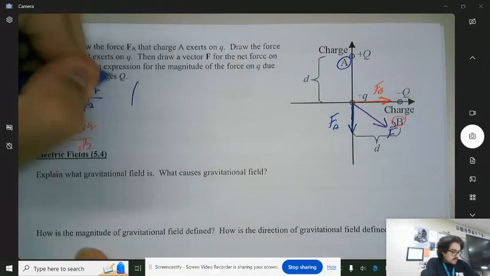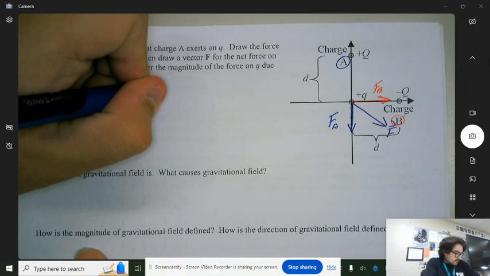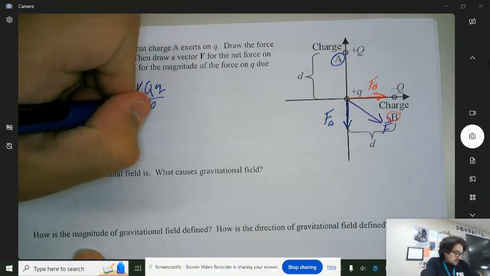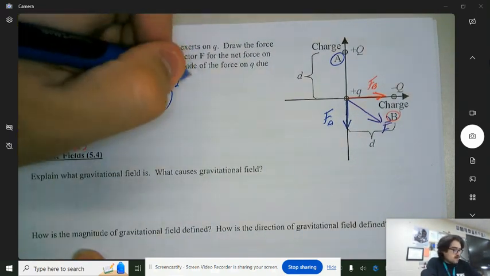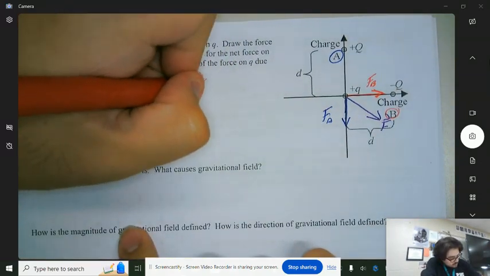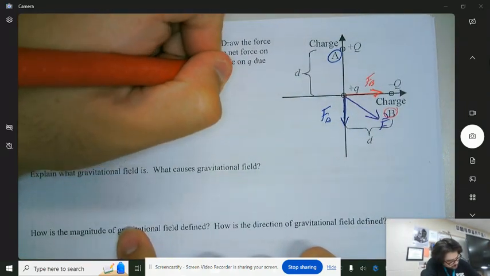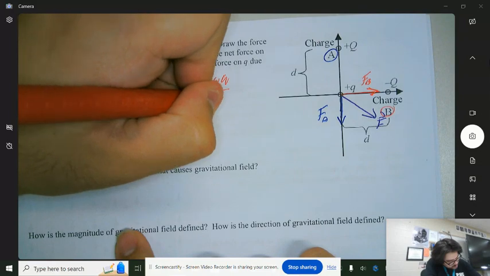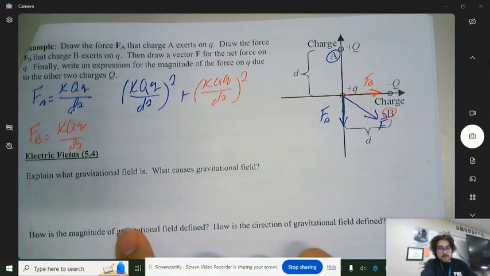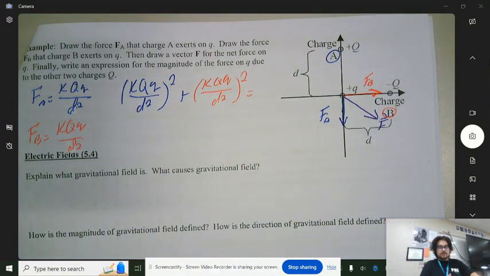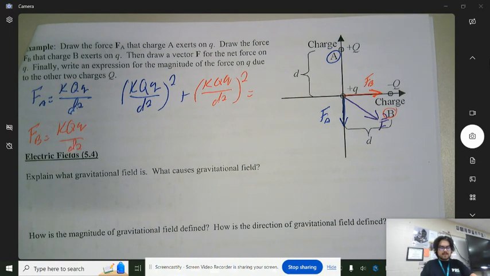You would get K big Q little q over D squared, the whole thing squared, plus K big Q little q over D squared, the whole thing squared, and set that equal to another quantity that is squared, and you would have to take the square root to figure out what it is.